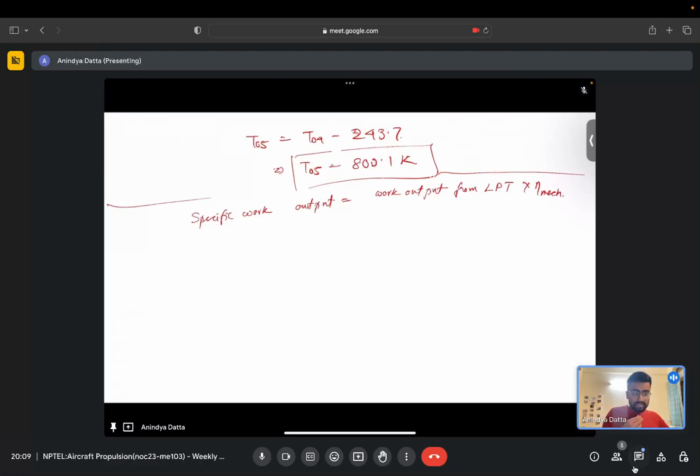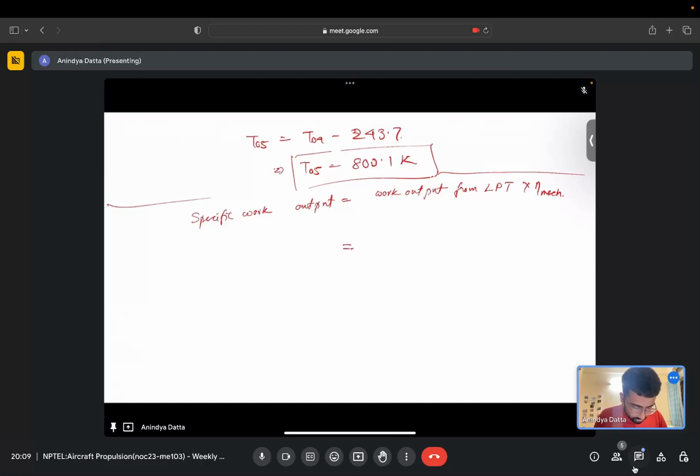Because what we are interested in is the work output that we get at the generator end, and the generator is connected to the low pressure turbine via a shaft, so there are mechanical losses involved. The net actual work output at the generator end is somewhat lesser than the work output from the power turbine.